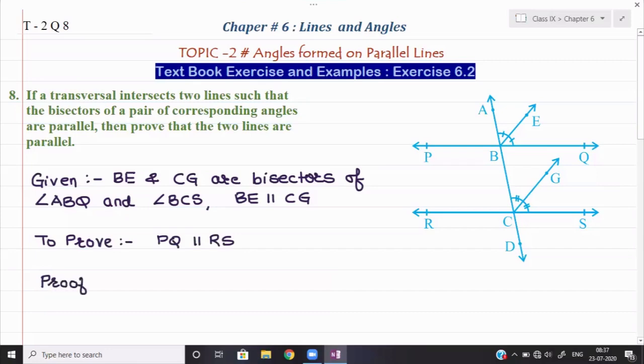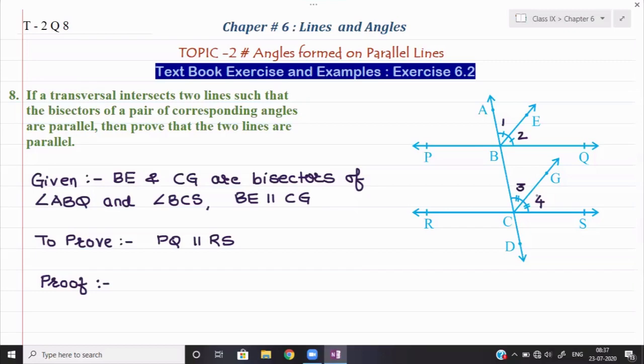First of all, see here angle ABE. This angle I will mark as angle number 1, this angle as angle number 2. Similarly, I will mark angle number 3 and angle number 4. So I have made two angles which the bisectors have drawn after bisecting the corresponding angles.